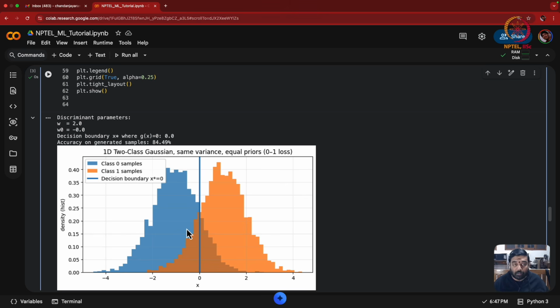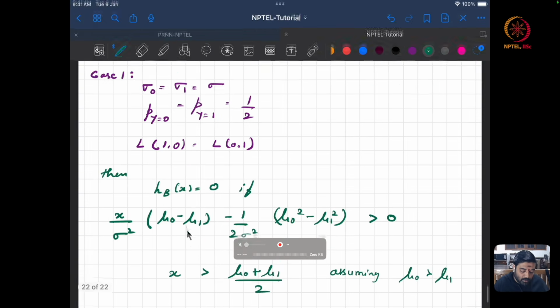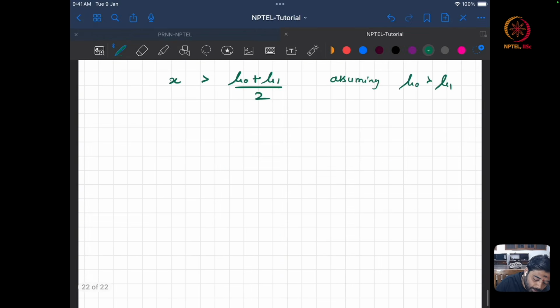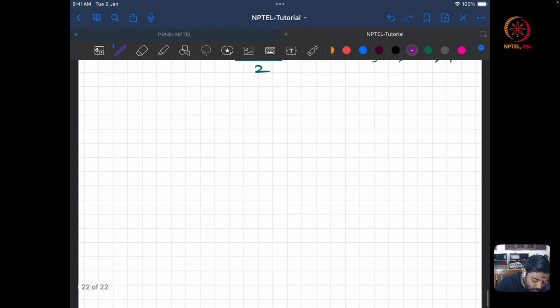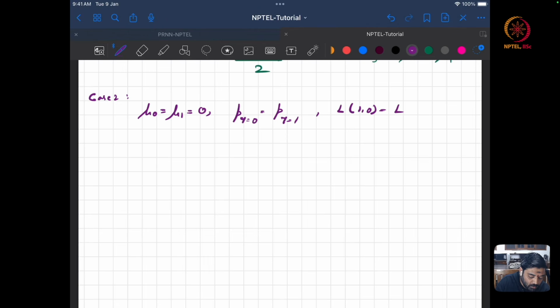So now let's look at another case, case 2. Case 2 is where mu 0 and mu 1 are 0. My priors are the same, they are half, and the losses are the same.